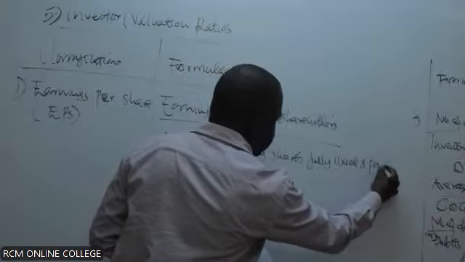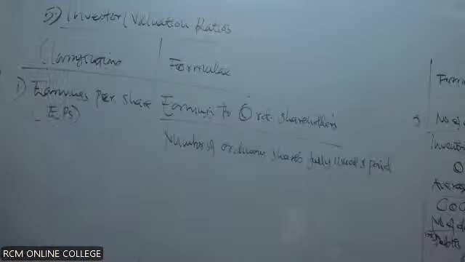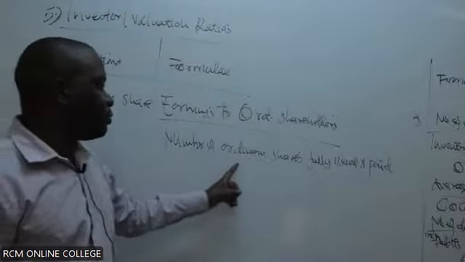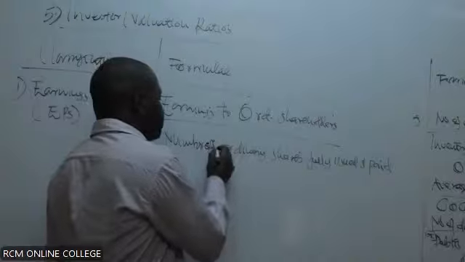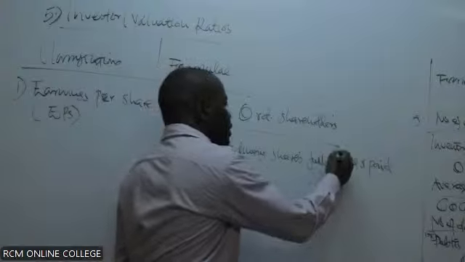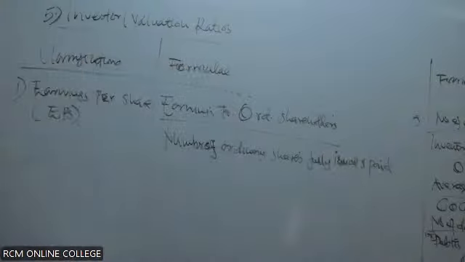You divide by the number of ordinary shares fully issued and paid. So you take the earnings to ordinary shareholders and divide by the number of ordinary shares fully issued and paid. That is how you get this one.